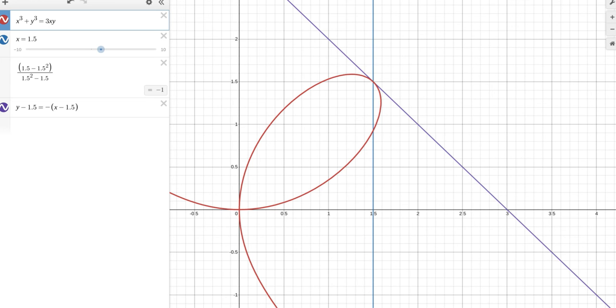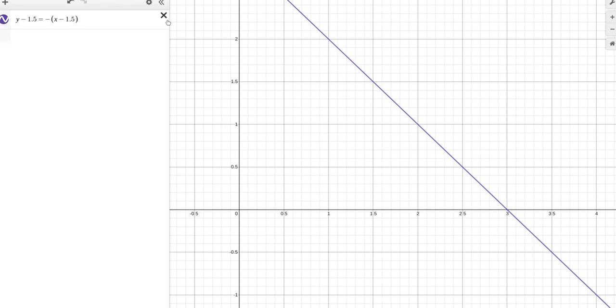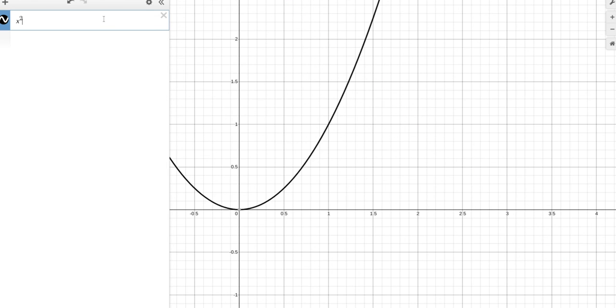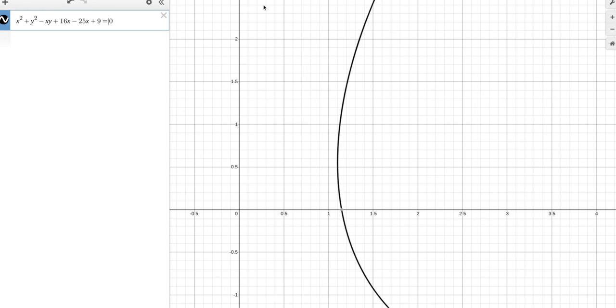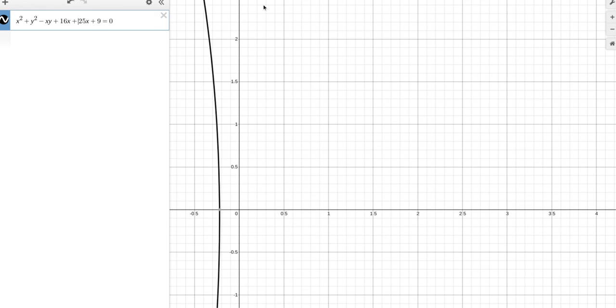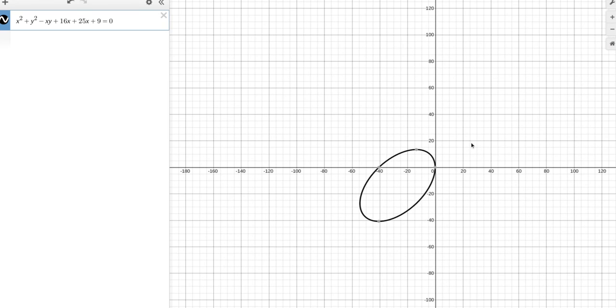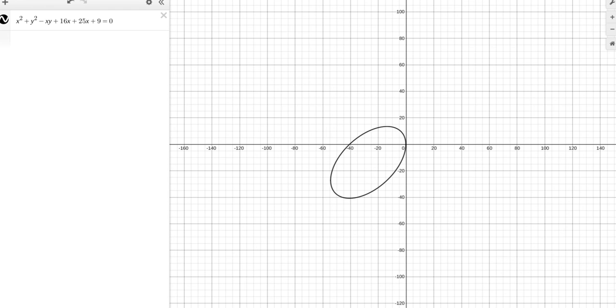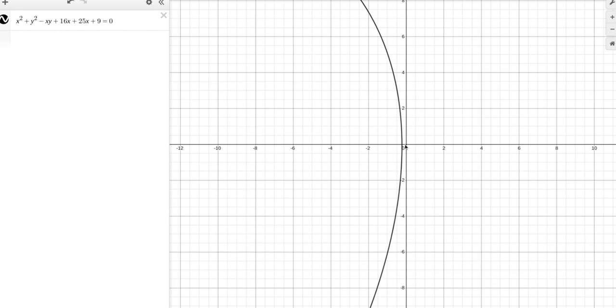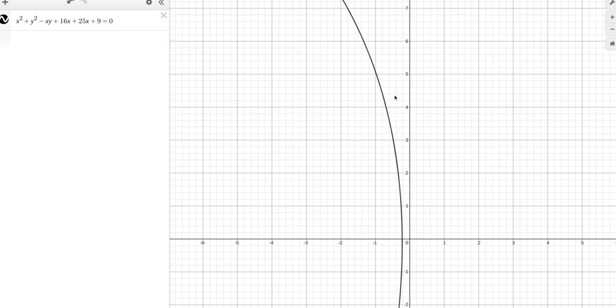And let's see if I can recreate this function. X squared plus y squared minus xy plus 16x plus 25y plus 9 equals 0. There we go. So this is our function. So let's try to find a point where we can find the derivative.